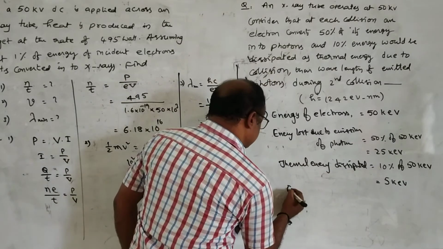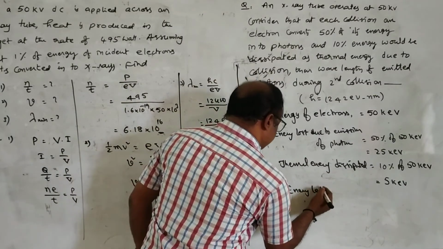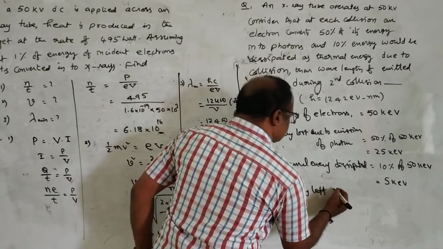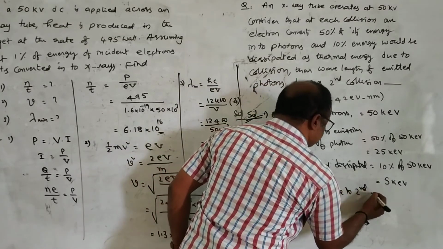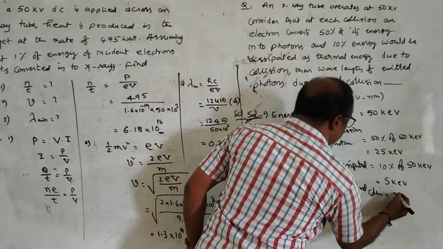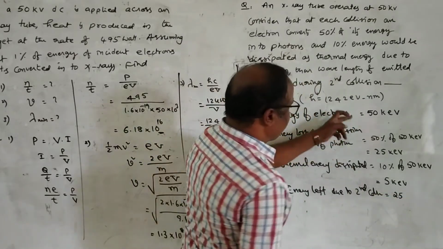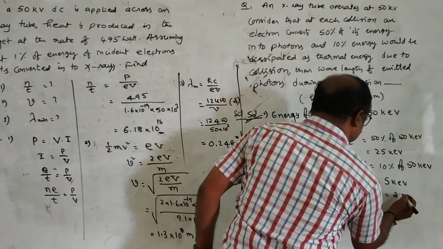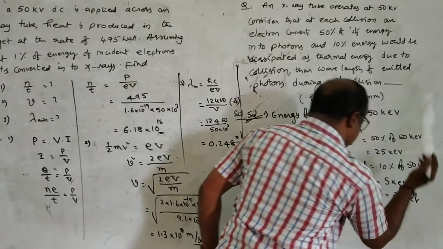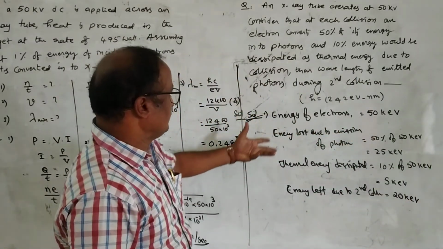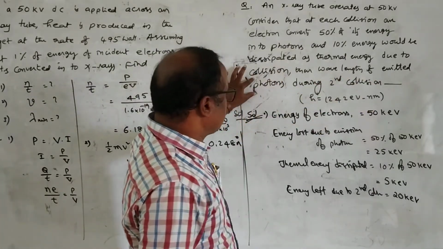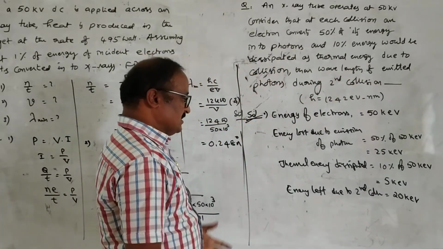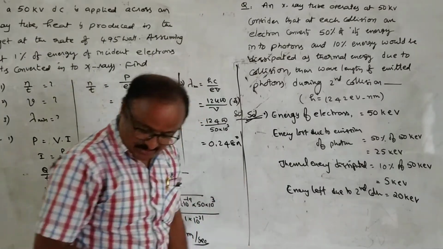Therefore, the energy left due to the second collision is given by 50 minus 30, which means 20 kilo electron volts. Again, find the wavelength of the emitted photon during the second collision.